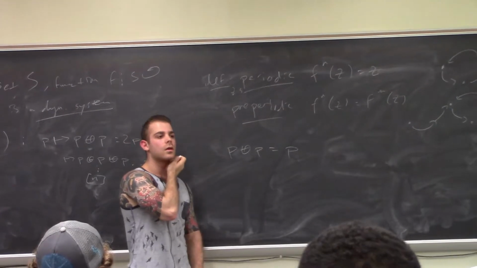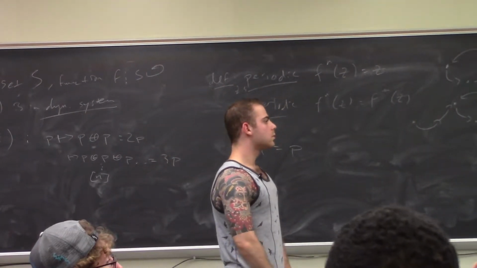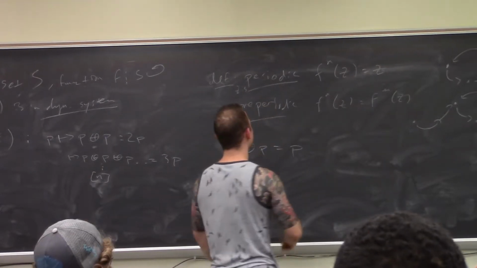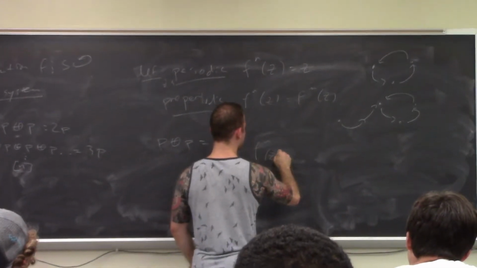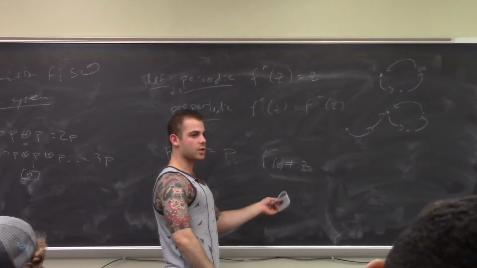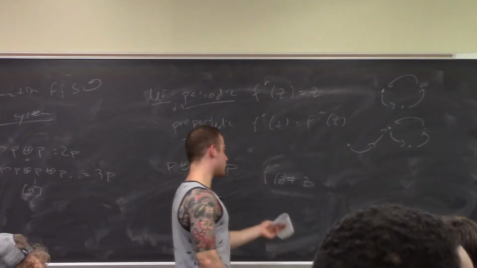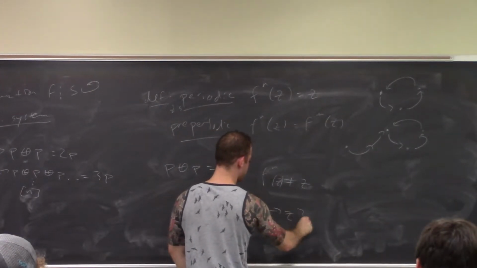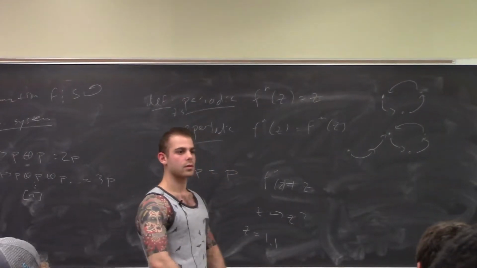Are the orders of points necessarily finite? Well, if f to the n of z is never z, then you can't even define order. Actually, this is called a wandering point if it's not either of these things. An example of this is if you send z to z squared, and then you go to z to 1.1, it's never going to go back there, right?